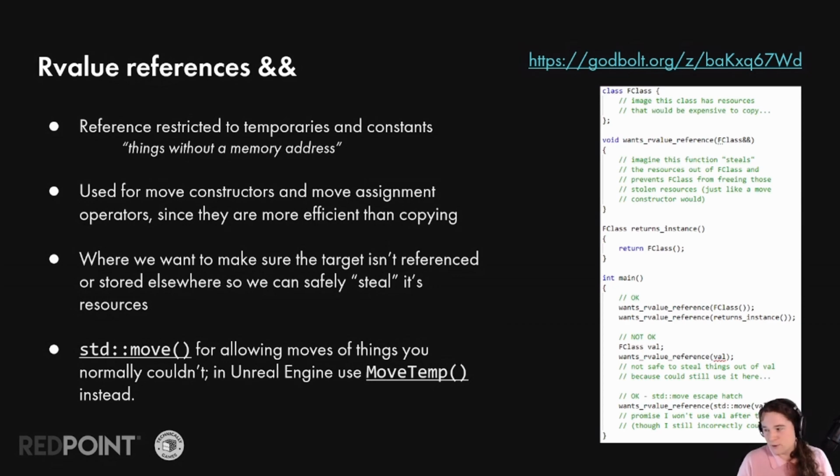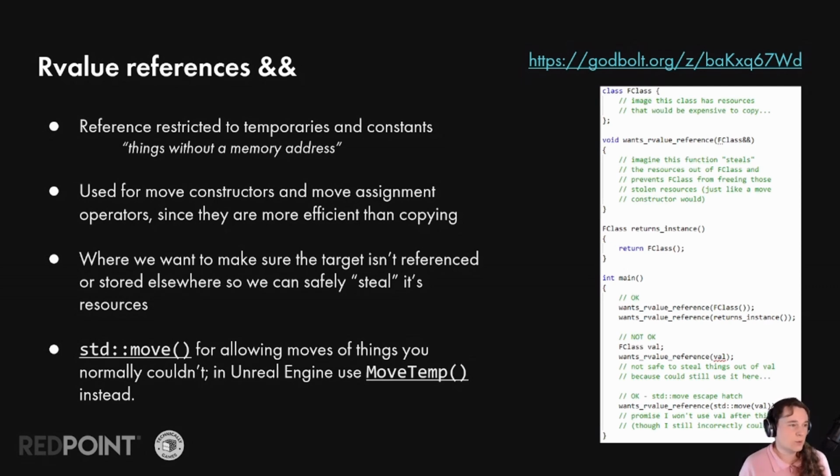So R value references are just a way of constraining a reference in the sense that it is safe to move from, right? For example, in the second example that's there, if we have an F class on the stack and then we try to pass that into a function or a move constructor, it'll say, no, you can't do that, right?